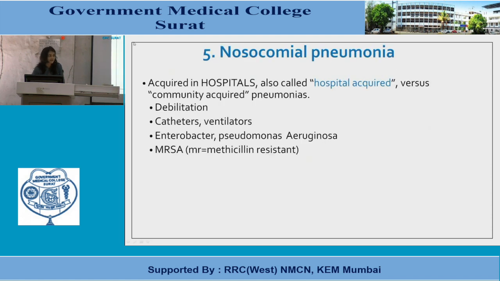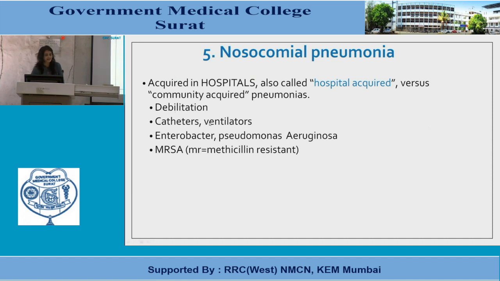The most important category is nosocomial pneumonia. It is acquired in hospitals, also called hospital-acquired pneumonia. When the person is hospitalized, debilitated, on a ventilator or catheter. Suppose a person has a heart attack and is admitted in the MICU and is on a ventilator.